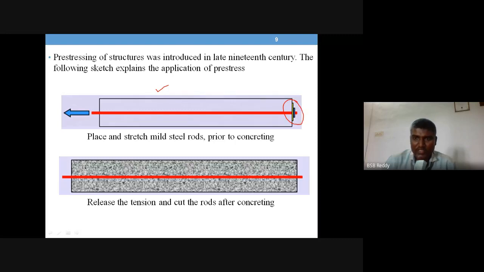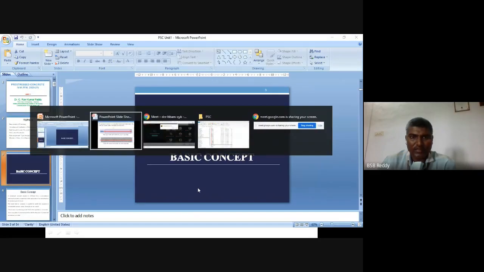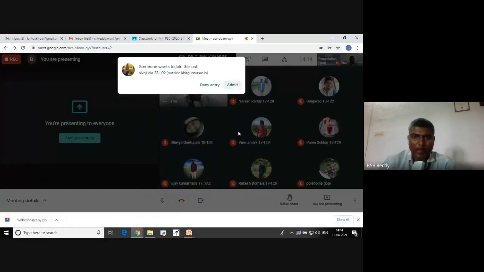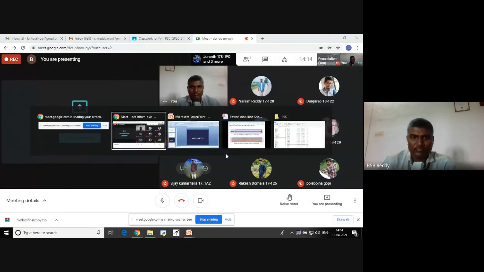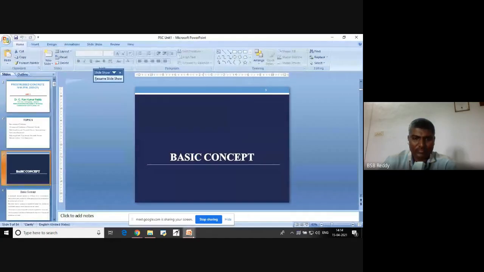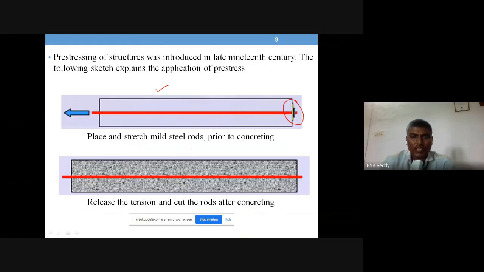The one end of the rod is tied, then the other end of the rod is being pulled. Okay, so place and stretch mild steel rods. This is the early attempt, prior to concreting.